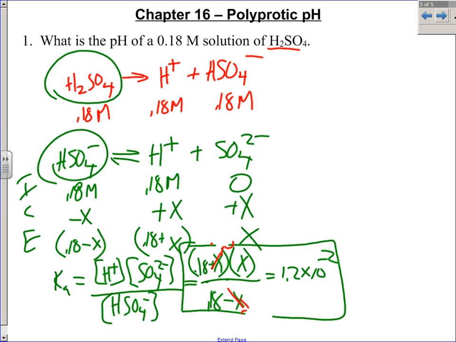So what you have to do is algebraically manipulate this out. 0.18 plus x times x over 0.18 minus x. Multiply that by the other side.